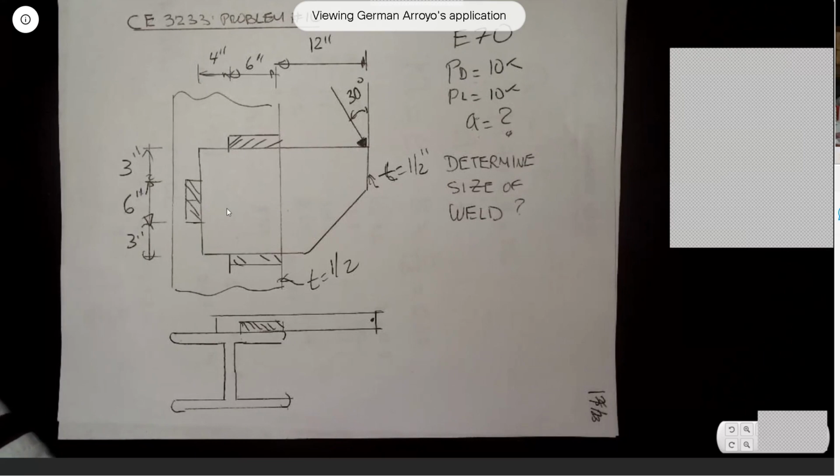So in this case, we will have direct shear in the Y, direct shear in the X, and of course forces produced by the moment in the X and forces in the Y.